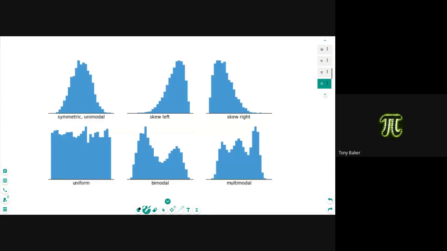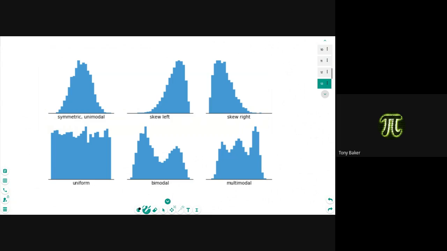All right, so these are histograms without anything actually added onto the bottom. So these histograms have some information with them. When we're looking at a histogram, we can start to look at patterns.